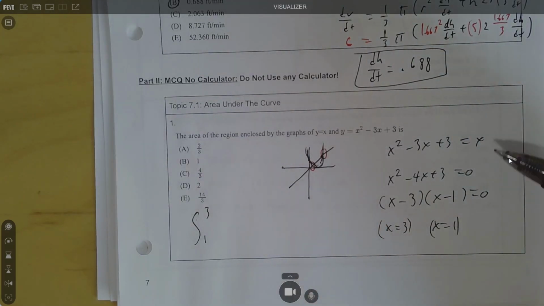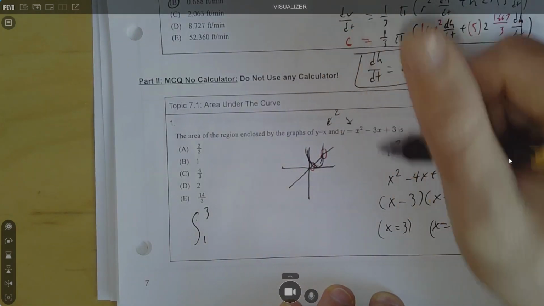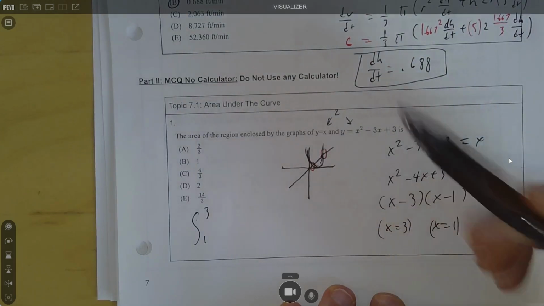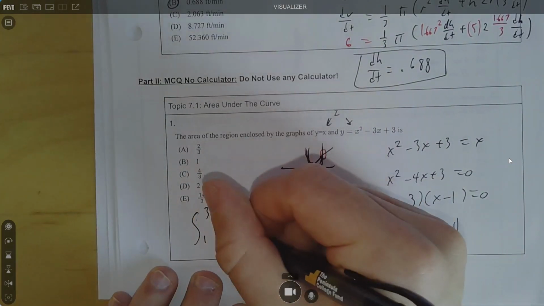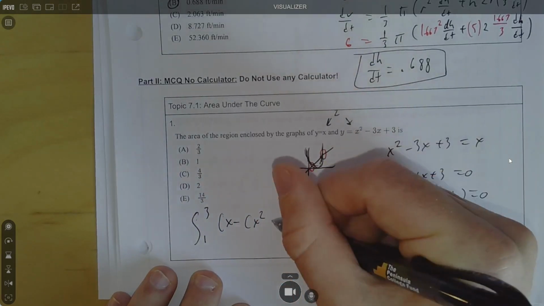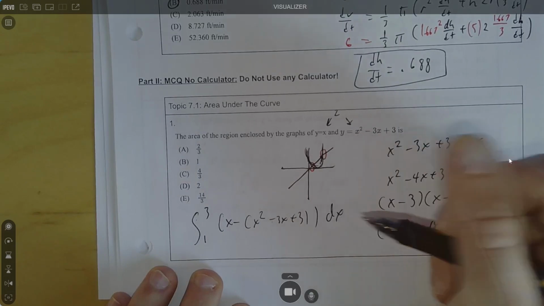So I plugged in a 2 into both of these to test which one was on top. If you couldn't draw it, you can just test a value between these two to see which one's on top. Anyway, I now know that x is on top. So I can rewrite this as the integral of x minus (x squared minus 3x plus 3) dx.